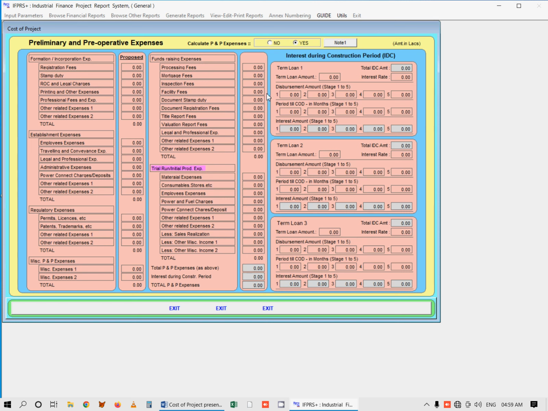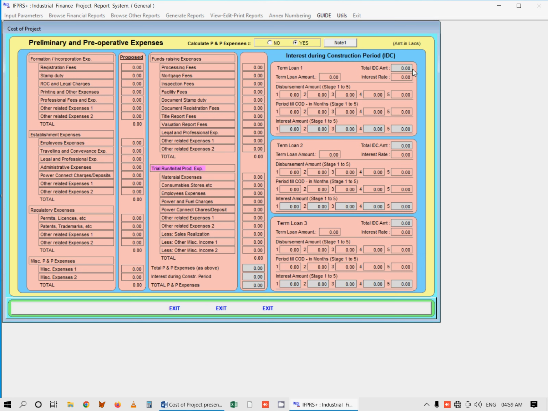The last and third panel in the screen enables you to calculate interest during construction period under 3 term borrowing categories. It provides for 5 disbursal clauses for each, stating the amount of disbursement with stating of varying period of utilization till COD, interest rate, etc. It provides instant calculation of IDC as per each disbursal clause and a total IDC amount.